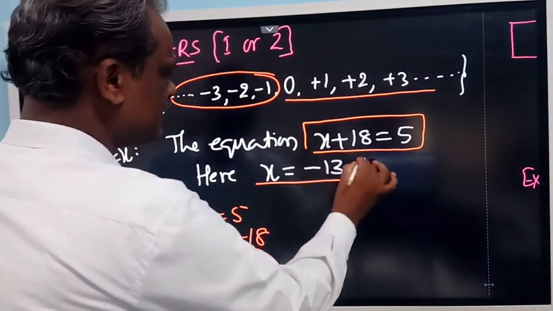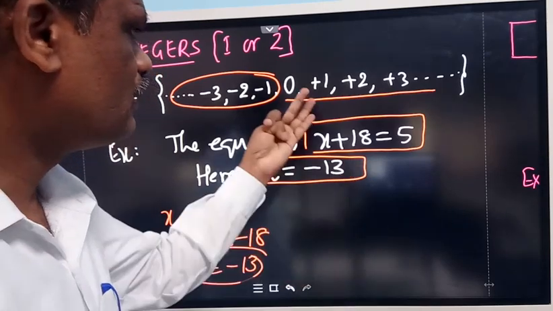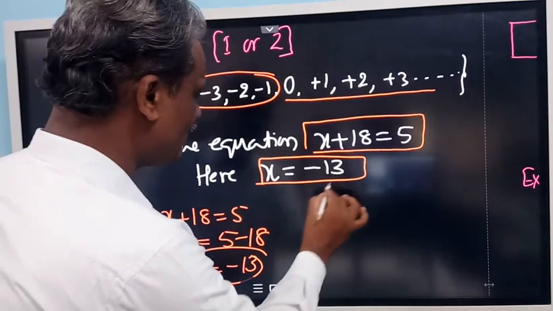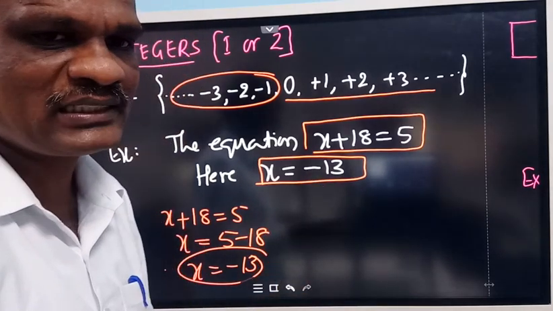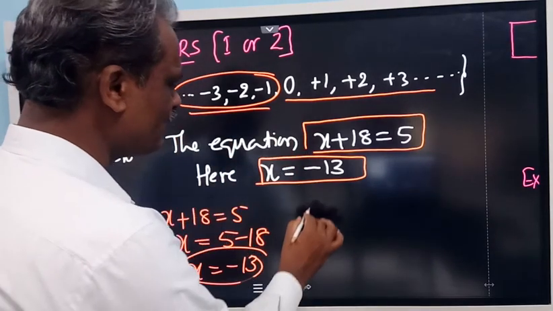This minus 13 is not found in natural numbers, and is not found in whole numbers. So it is a new number. These types of numbers, minus 13, minus 12, minus 11, minus 10, minus 1, minus 2, all these numbers together we call negative numbers.